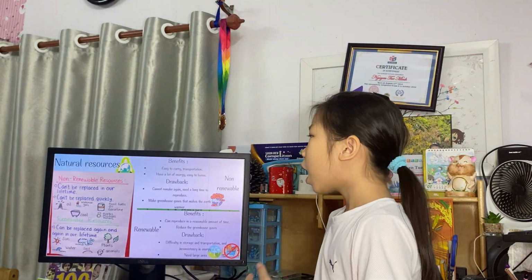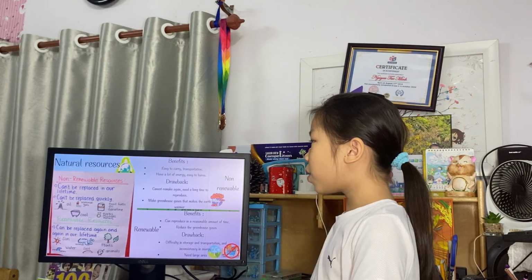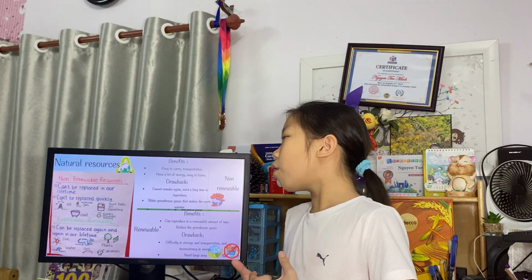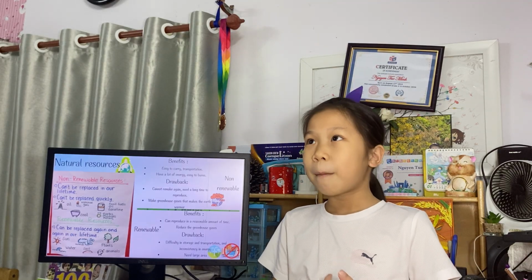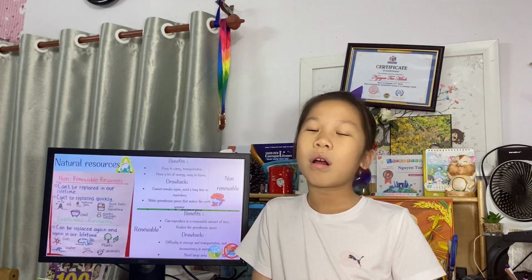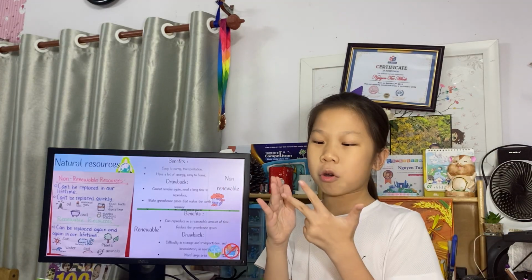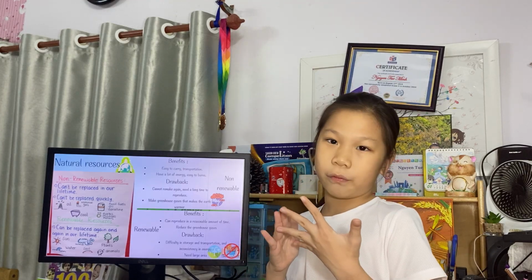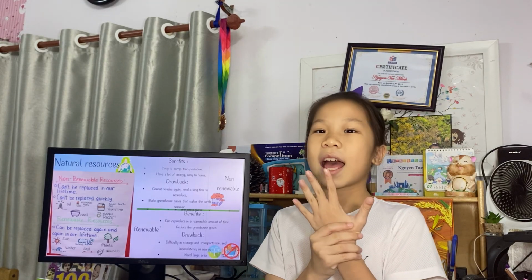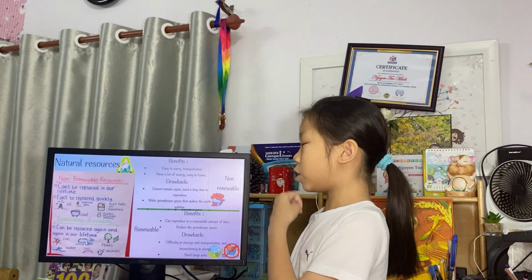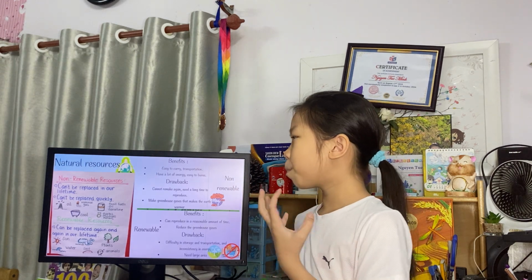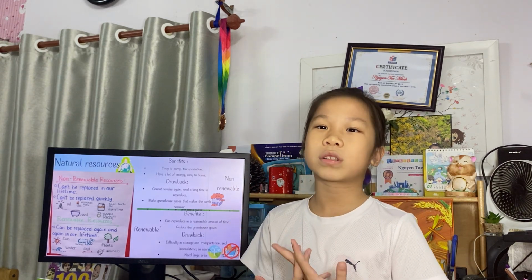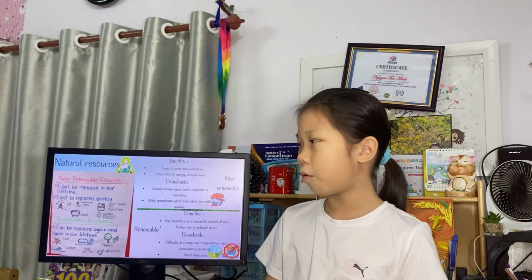So now we move to non-renewable resources. Well, non-renewable resources include oil, coal, natural gas, minerals, and also fossil fuels. Those are five things that are non-renewable resources. So what do they use them to do?